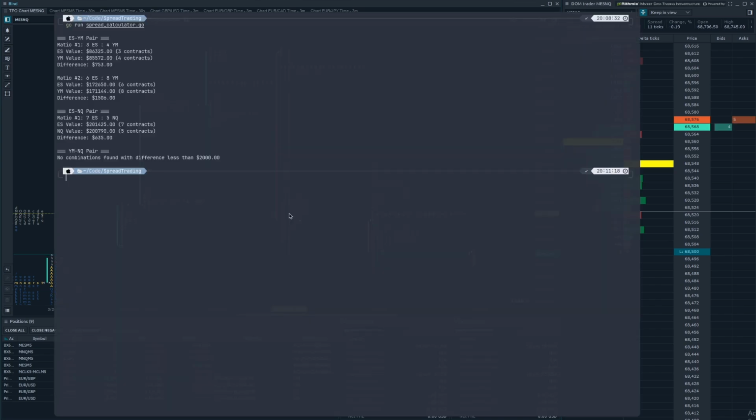Now, if in the future the YM and NQ get down to like 600, 800 difference on the notional values, that would be a great pair to trade. That would be awesome. Takes very little contracts to get there. That would be good. But that's why I'm not trading it anymore.